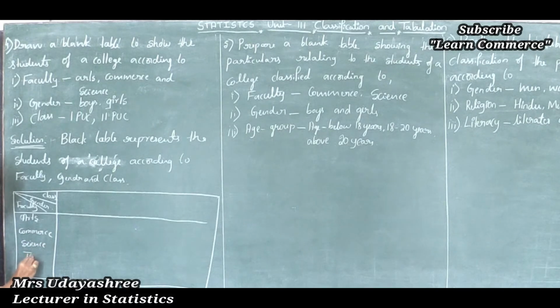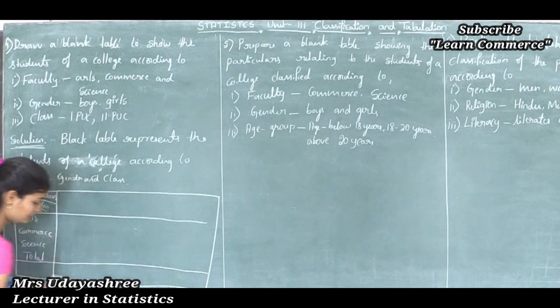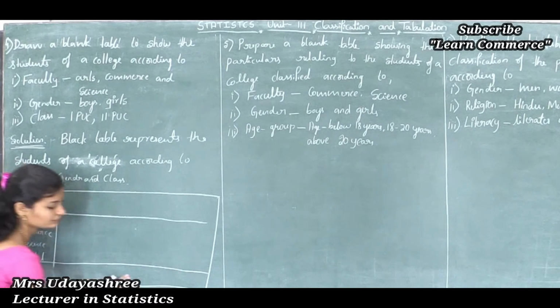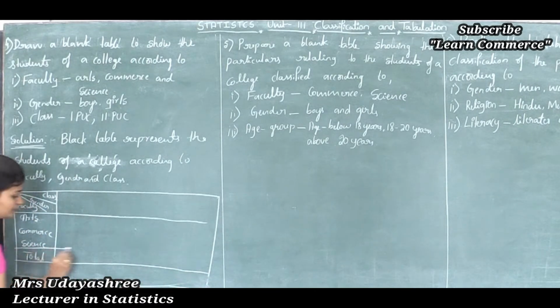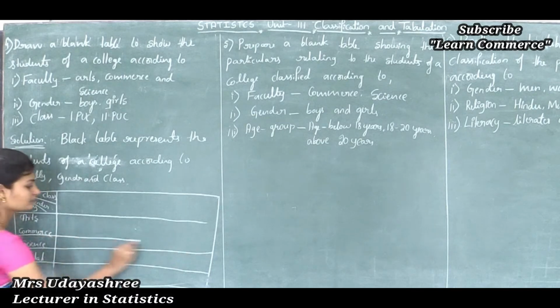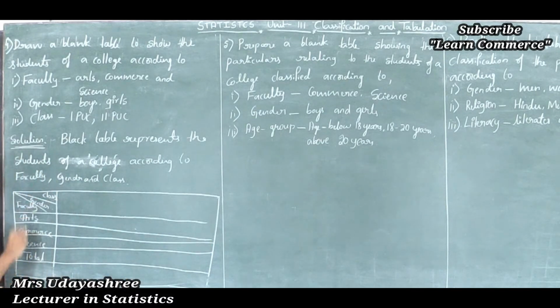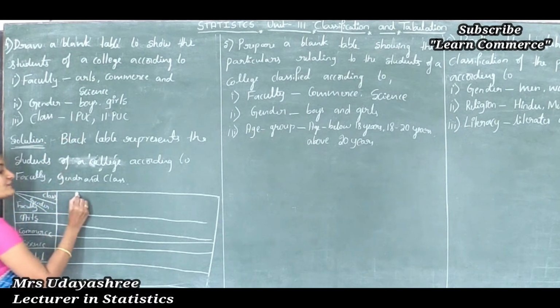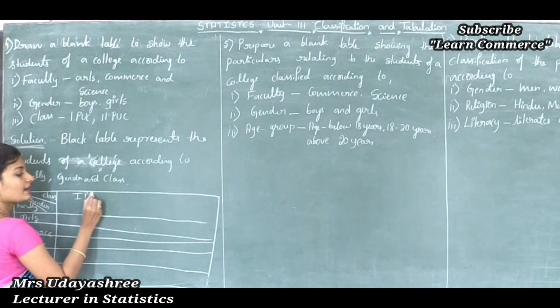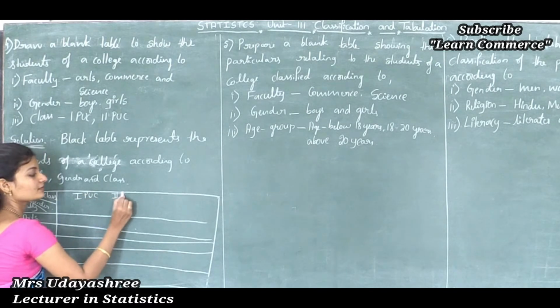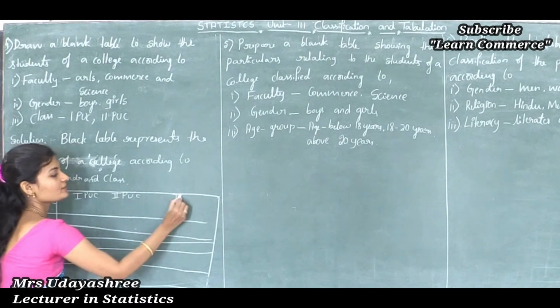In the last I will write total. Next, in front of class I will write classes. Here 2 classes are given, first PUC and second PUC. The last column is total.